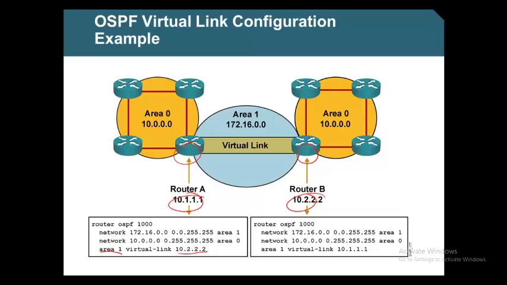The command is area 1. Why area 1? Because this is the area which you want to convert or appear as a virtual link. Area 1 virtual link, this address. Go to this router and say area 1 virtual link, that address. That brings the virtual link up.